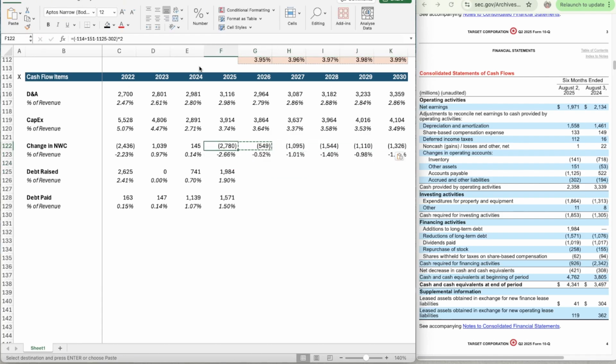We'll see. I don't know if we'll get a good forecast here because this is going to look as if it's really good free cash flow because it's negative.